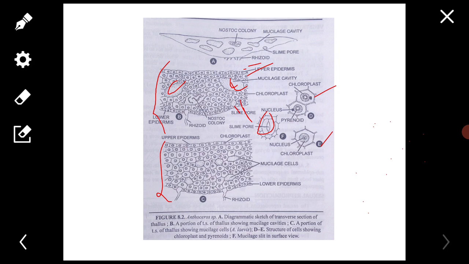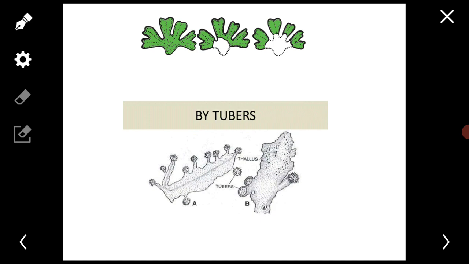Next, let us go to reproduction. Anthoceros thalli start reproducing after reaching a certain stage of maturity. Reproduction occurs both vegetatively and sexually.